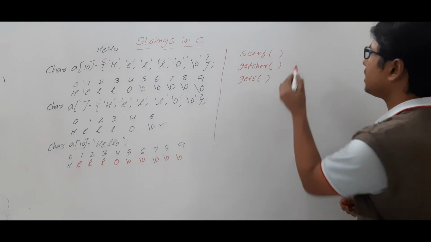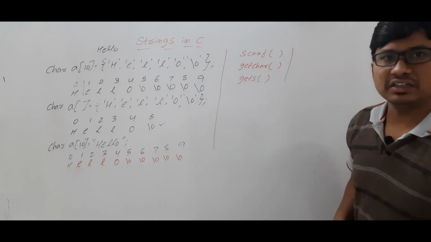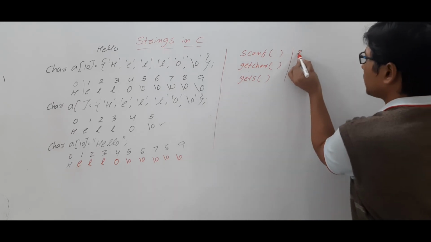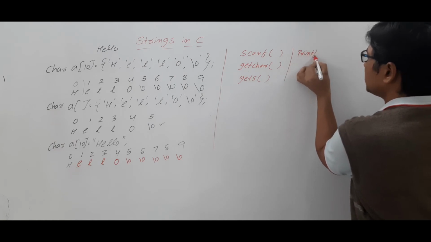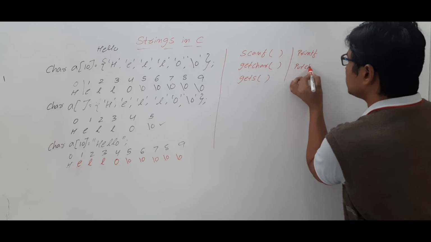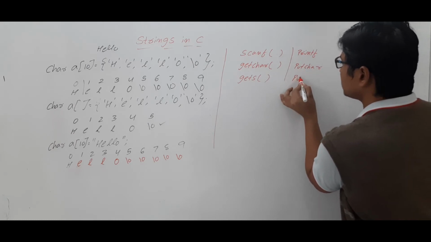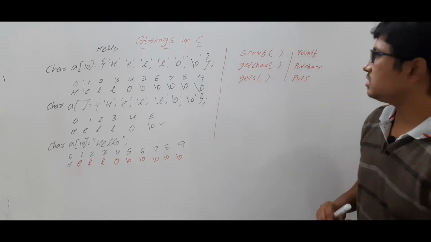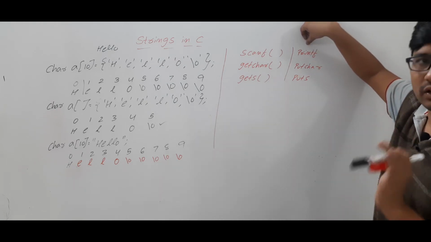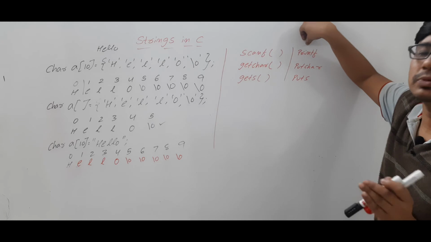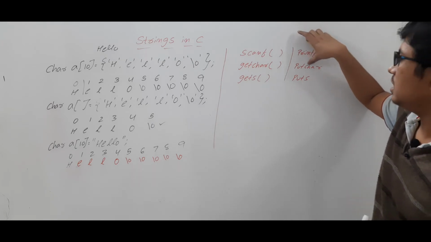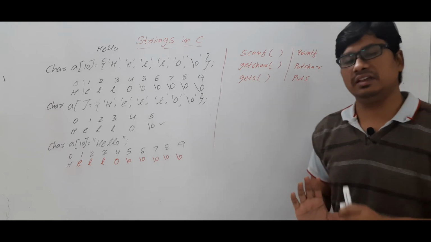And similarly we have several functions to display the output or to print the string. One is the printf function, another one is the putChar function, and the puts function also you can use. So this one will print it as a collection of characters or a string based on the format specifier you are using, this one will print it as a character and this one will print it as a string.